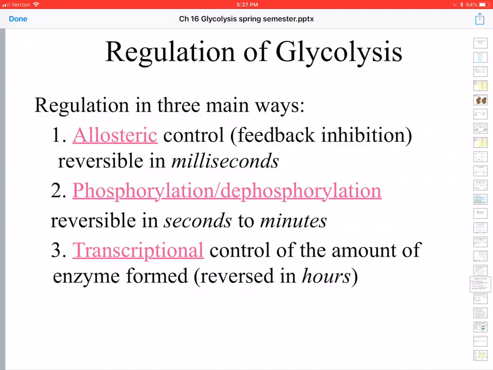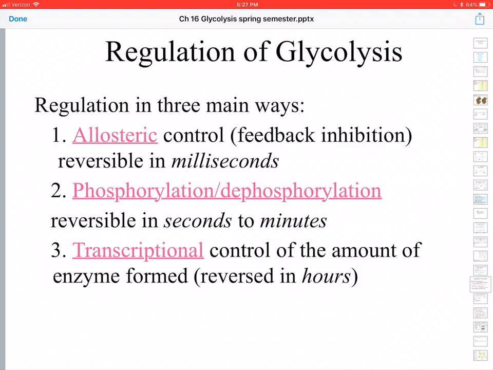And small molecules can bind to the regulatory site to slow down or speed up the enzyme protein. Also, covalent modification is a third way to regulate enzymes, and phosphorylation or dephosphorylation are very common covalent modifications that can slow down or speed up an enzyme.